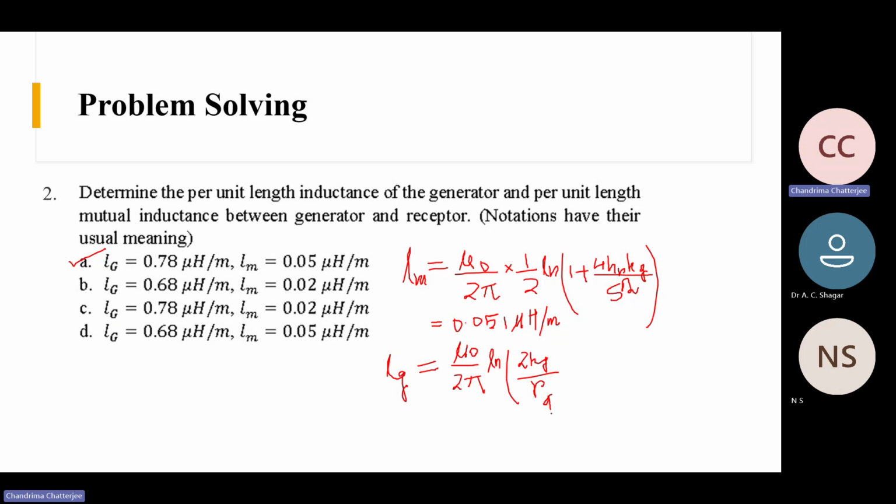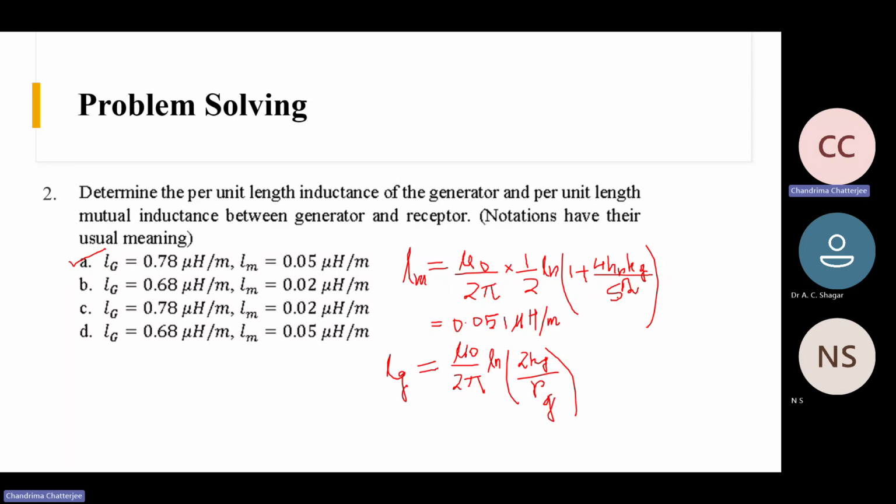In the expression of LG, there is no S. This is independent of S. So whether the separation is doubled, it doesn't affect LG. LG is unaffected. But in LM, you have S over here.